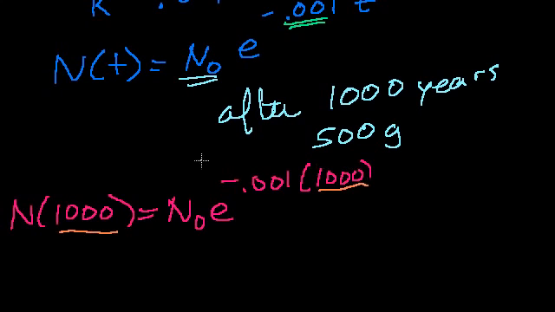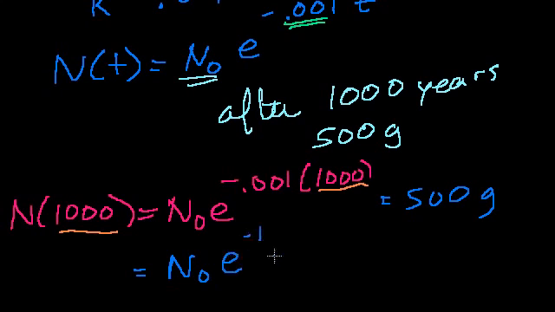And I'm saying that that equals 500 grams. So I just have to solve for n sub naught. So 0.001 times 1,000 is 1, so n sub naught times e to the minus 1 is equal to 500 grams.